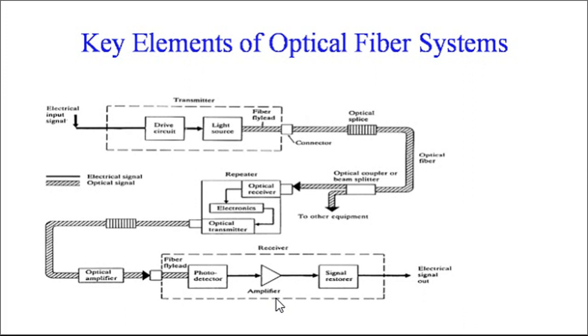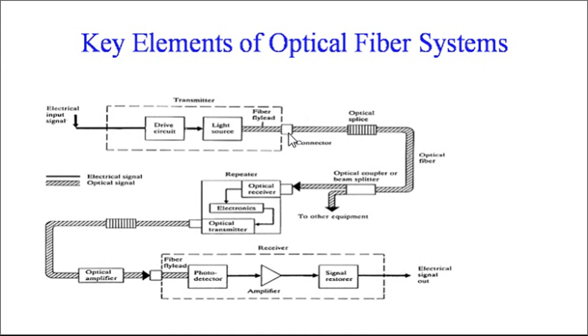So if you observe the diagram, here is the connector, and here is again a connector. Connector means, whenever you connect a fiber cable, initially this cable will be passed through these connectors, right?